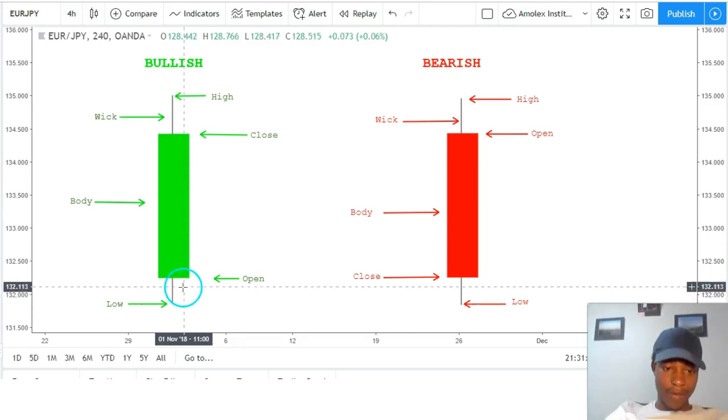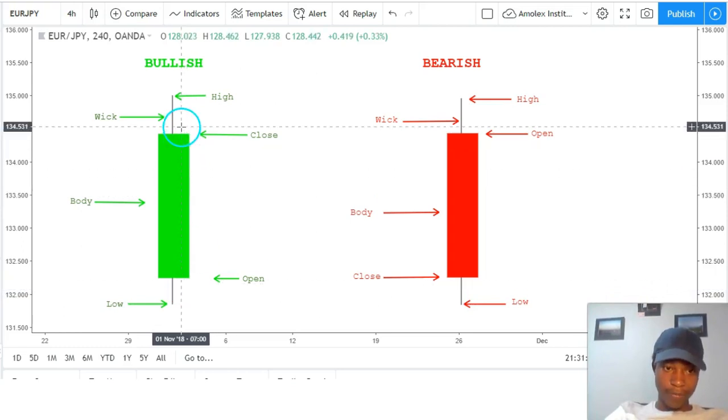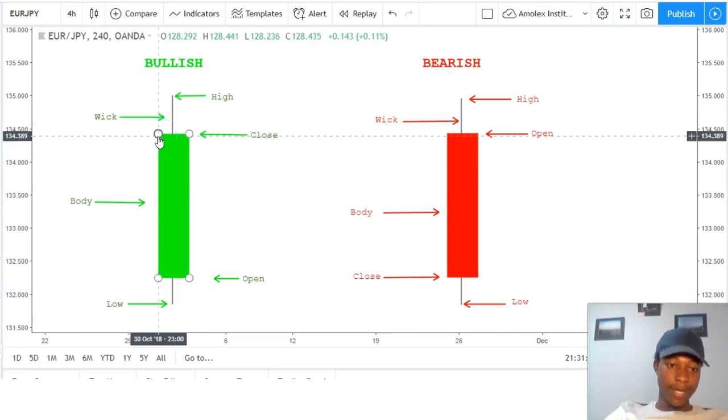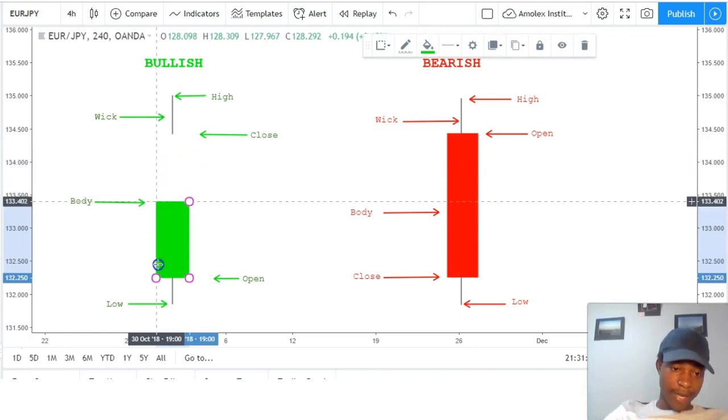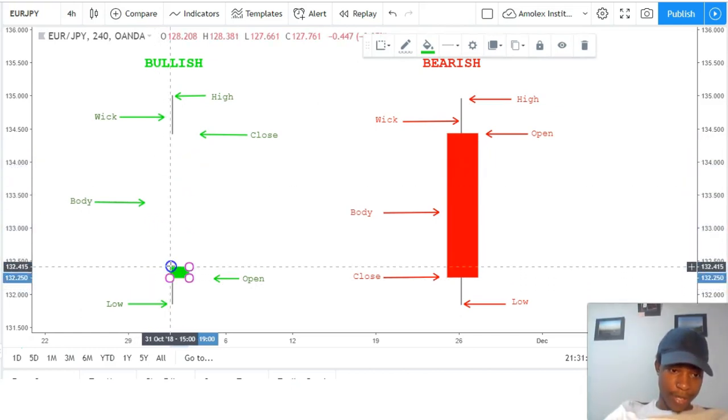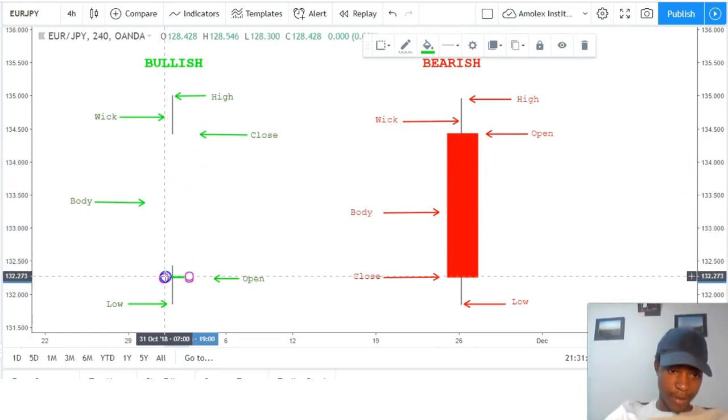And then as you can see, you have open and close. What this basically means is when the market started, it opened here. Once the market starts, this is the starting point.